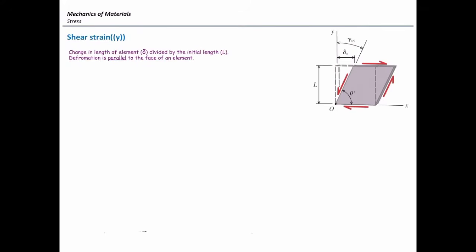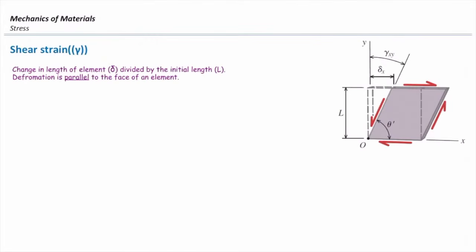Let's define that here. If the top surface slides by the value of delta x, and if the length of the element perpendicular to that slide is L, we can define gamma, or shear strain, as delta x over L. Note that there is a difference between the delta and L used for determining shear strain as opposed to the definition that we had before for normal strain.